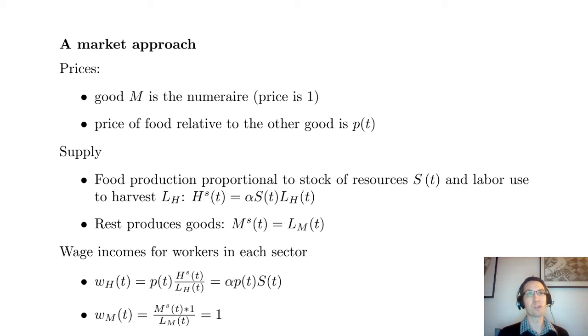So this is the market approach. It's entirely a general equilibrium model in the sense that all the different markets are introduced and interact explicitly, and all the different prices are there. So for instance, the islanders are going to go into two different markets. In the goods market, they can buy food or they can buy the other good, and in the labor market they can work either in the food production sector or in the other goods production sector.